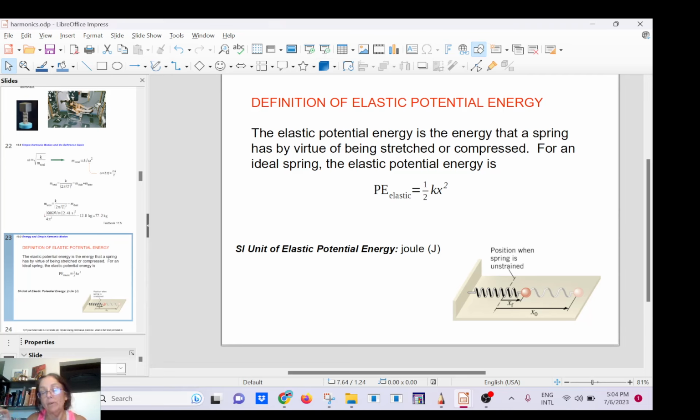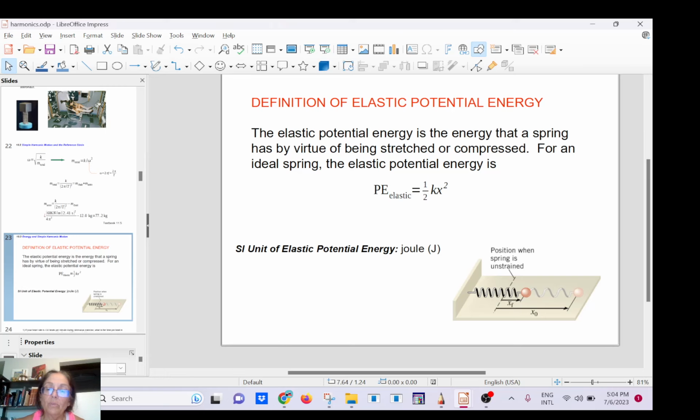I'm applying a force over a distance, and all the energy I put in that system is going into the band being stretched, right? That's going to be potential energy. It's being stored, and that energy can be recovered. If I let go, I can even hurt someone, right? So you have potential energy stored inside that spring, and then you can release that energy.